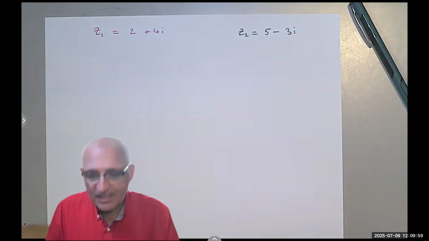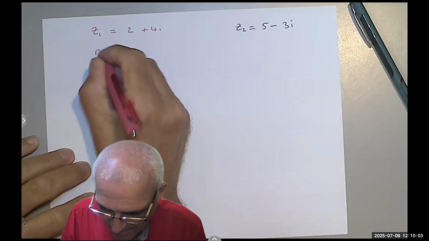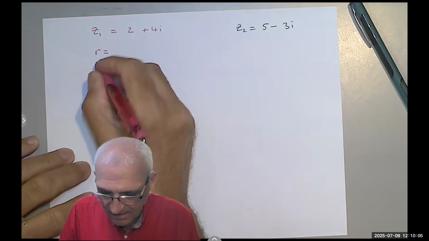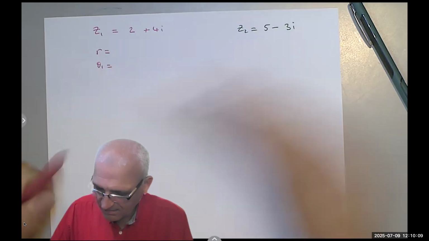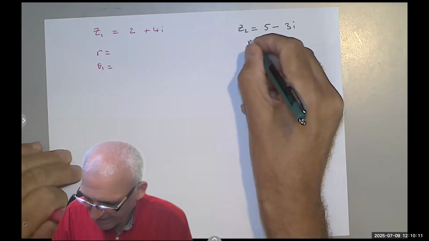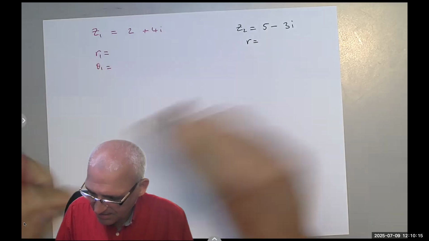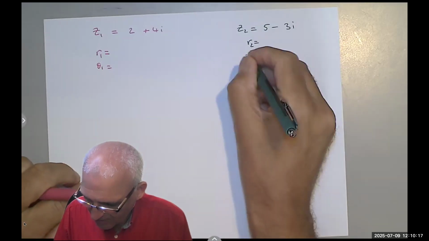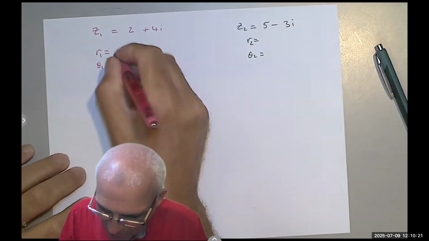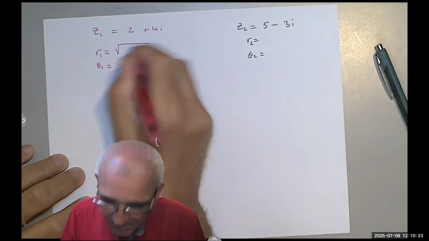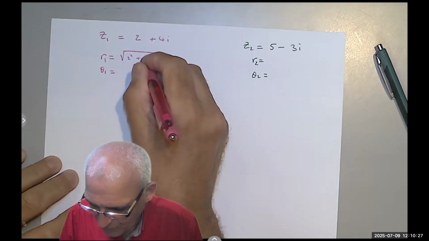So before I do anything, I'm going to find the argument r and the angle, let's call that theta 1. So let's call these r1 and theta 1, and since it's z2, r2 and theta 2. R1 is the square root, like Pythagoras, of 2 squared plus 4 squared.